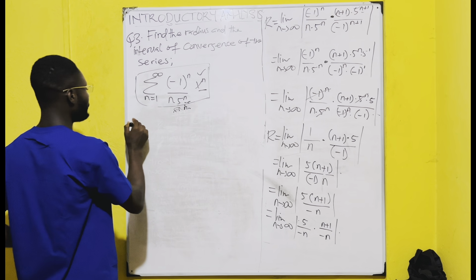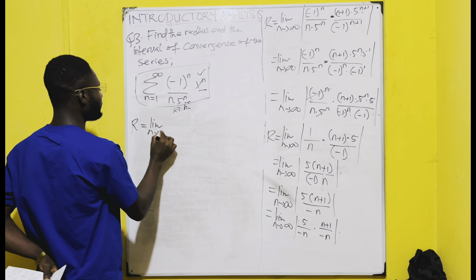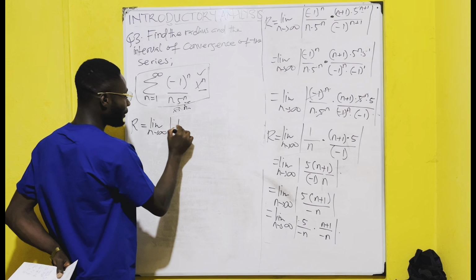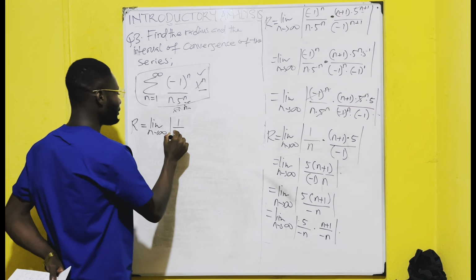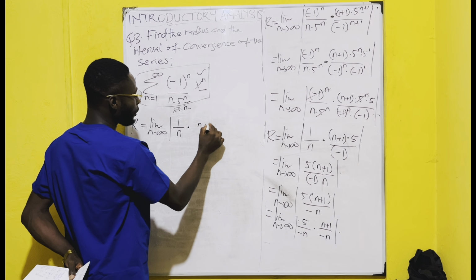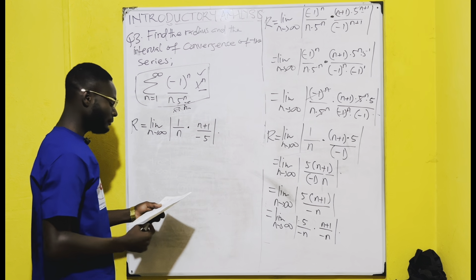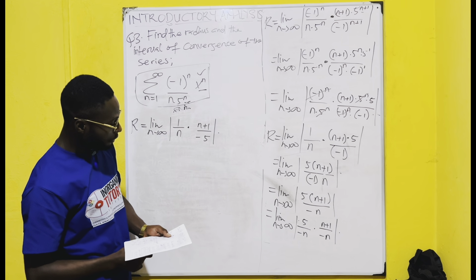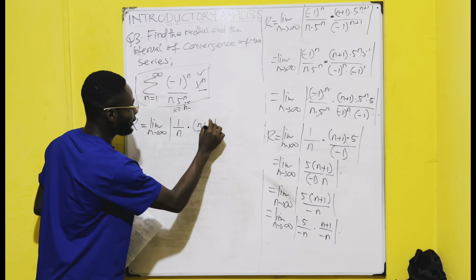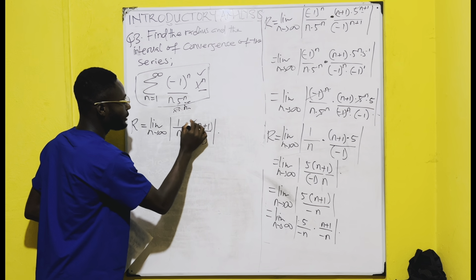So now we say that our radius of convergence will be the limit as n approaches infinity of the absolute value of, we can express what we have here as 1 over n times (n+1) divided by negative 1, so this is basically 5.